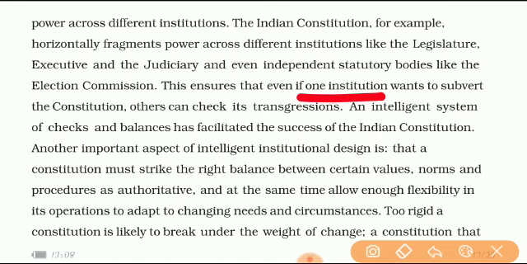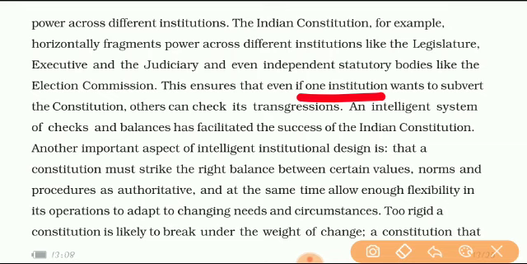Another important aspect of intelligent institutional design is that a constitution must strike the right balance between certain values, norms and procedures as authoritative, and at the same time allow enough flexibility in its operations to adapt to changing needs and circumstances. See, when the constitution was made, no discussions were held with the people.